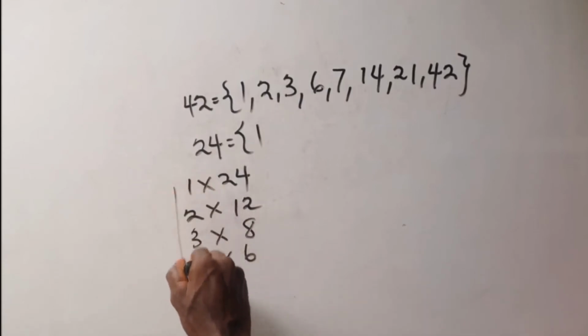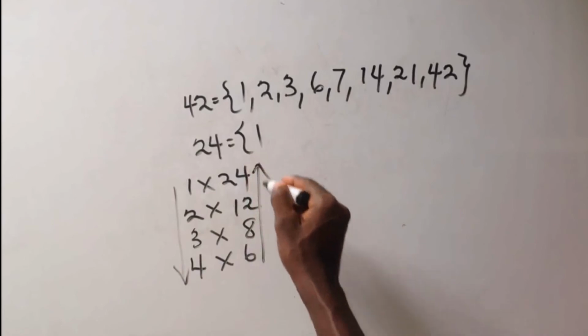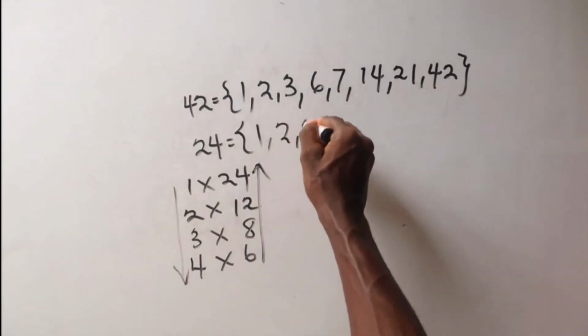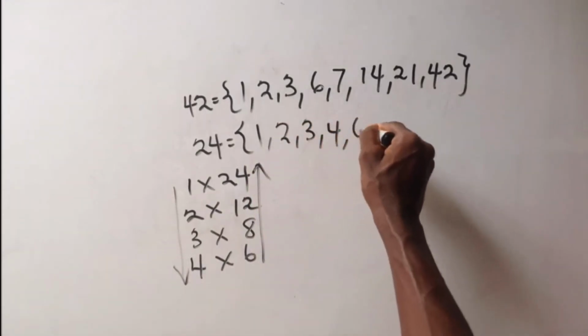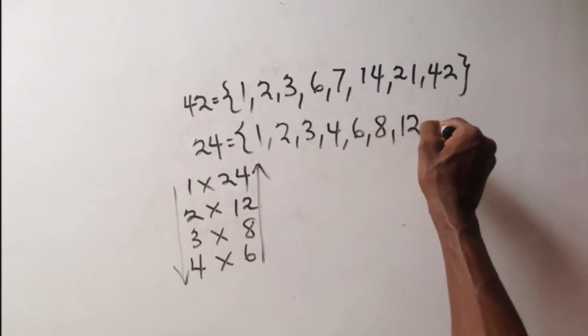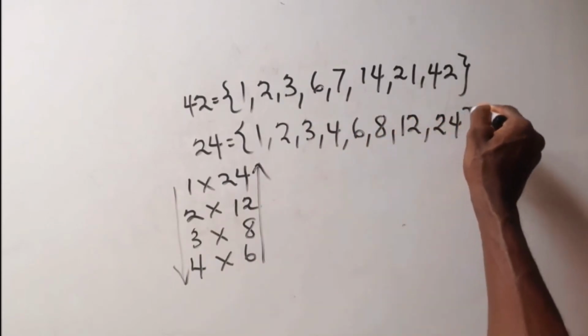So let's find our factors of 24. We have 1, 2, 3, 4, 6, 8, 12, and 24.